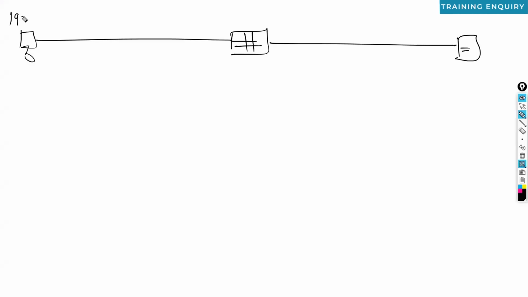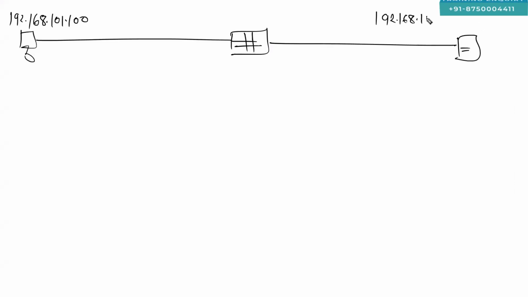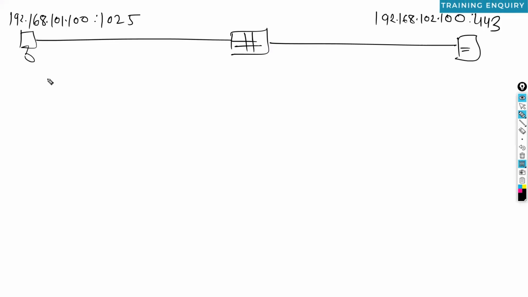PC IP is 192.168.101.100, server IP is 192.168.102.100. Now, the client will use a dynamic port number. It will hit port number 443. The PC will generate a packet.